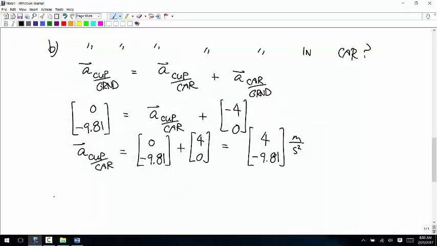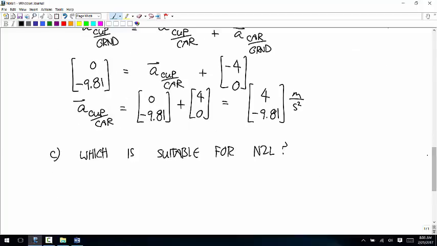Now, which of these two coordinate systems is suitable for Newton's second law? Newton's second law says F net is equal to the mass times the acceleration.